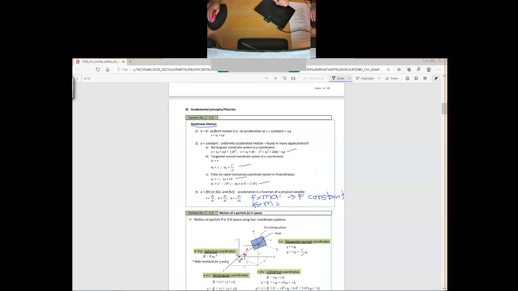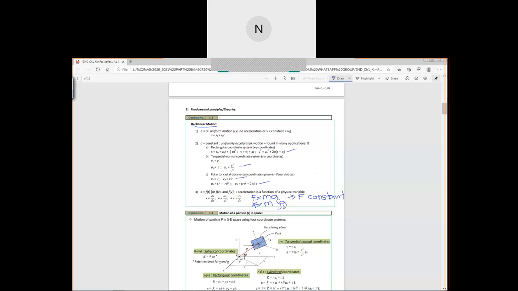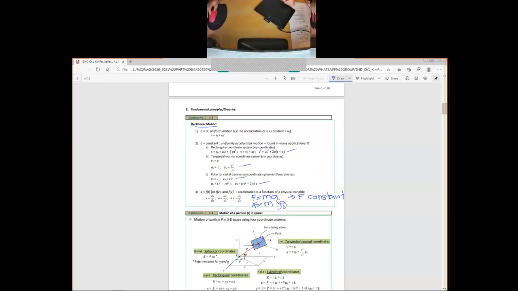You have to do some integration to a. That means a is changing against time, so dv/dt, a in terms of t. So F is no longer constant, where you have to do some integration towards a.